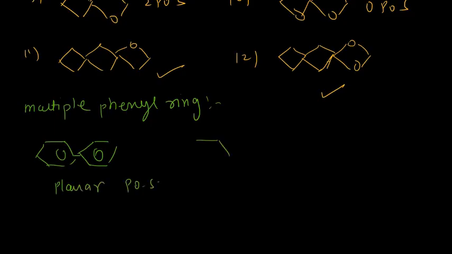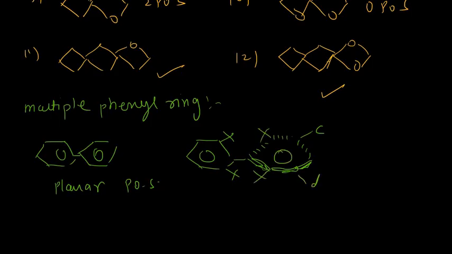But when we attach bulky groups to the ortho position, they go outside the plane, perpendicular to the plane, that is C and D. Now A and B are similar to a double bond.